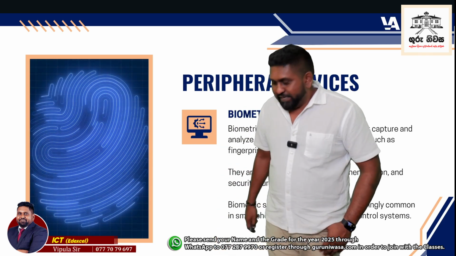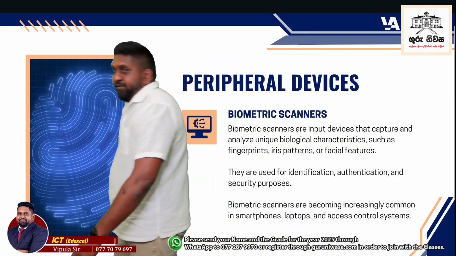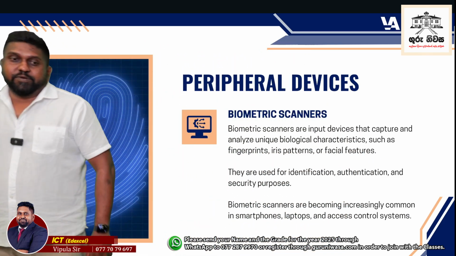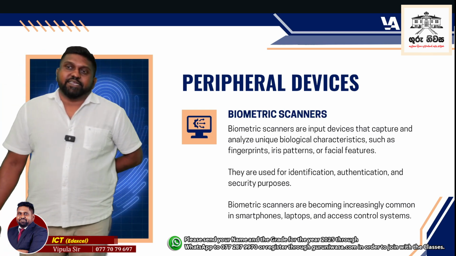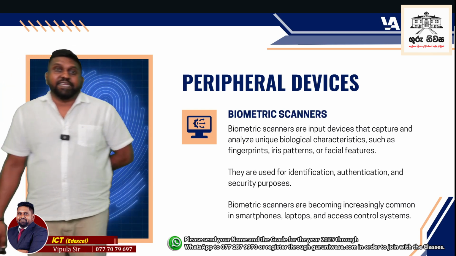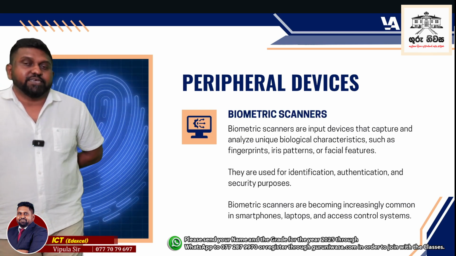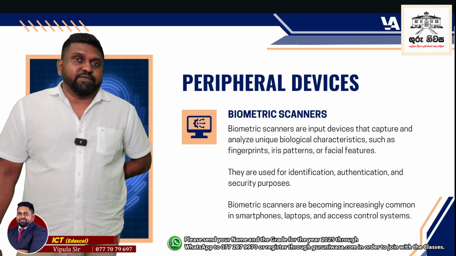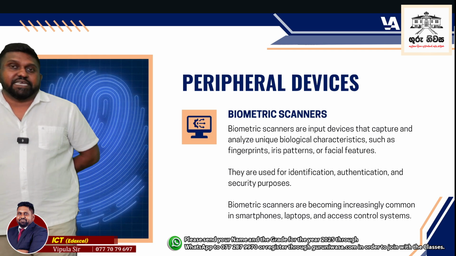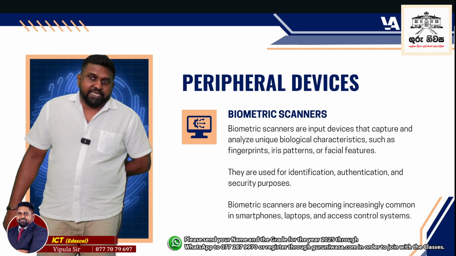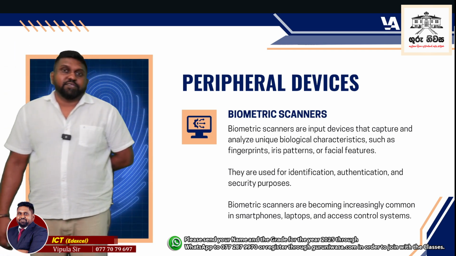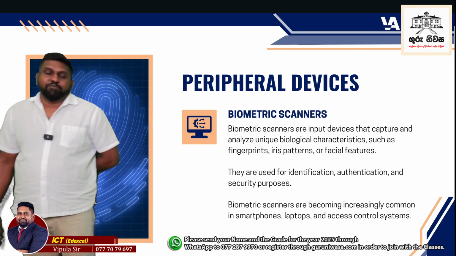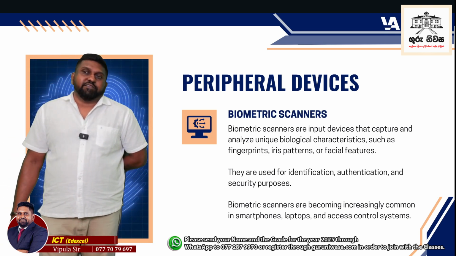So write down the topic, the point, the explanation. Biometric scanners are input devices that capture and analyze unique biological characteristics. So these are the keywords: unique biological characteristics, such as fingerprints, iris patterns, or facial features.